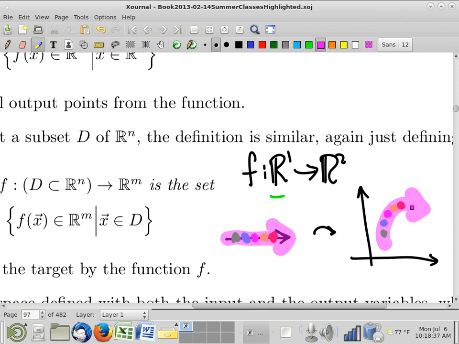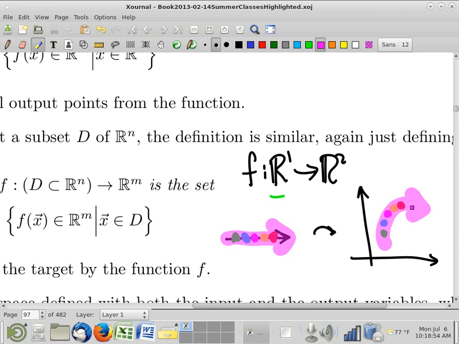So images are typically of the same dimension as the domain. Typically, not always, plenty of counterexamples. But this is sort of what you expect. In other words, keeping in mind that what the function does is it takes input points and gives output points.